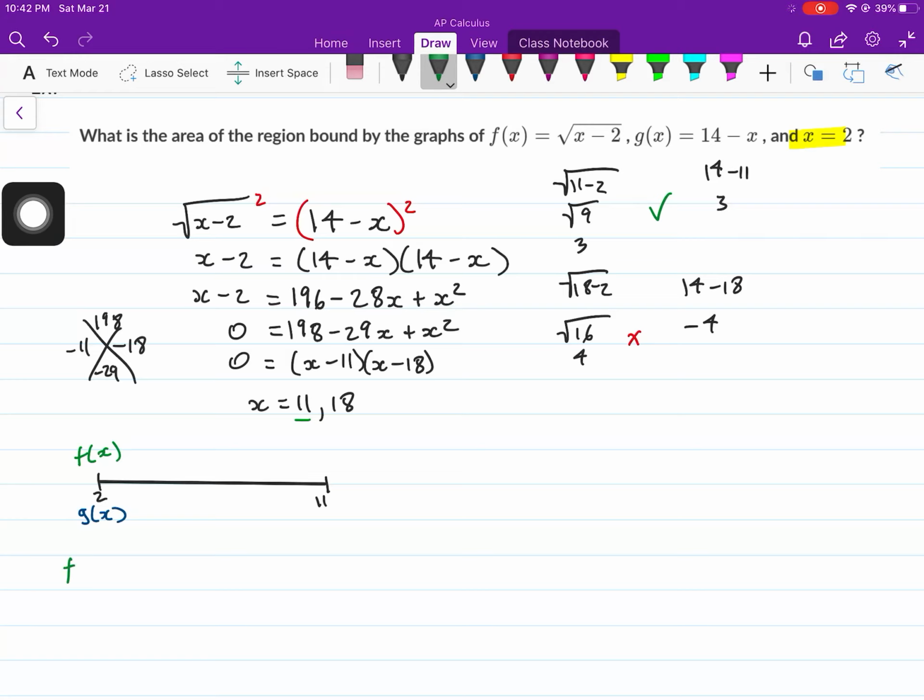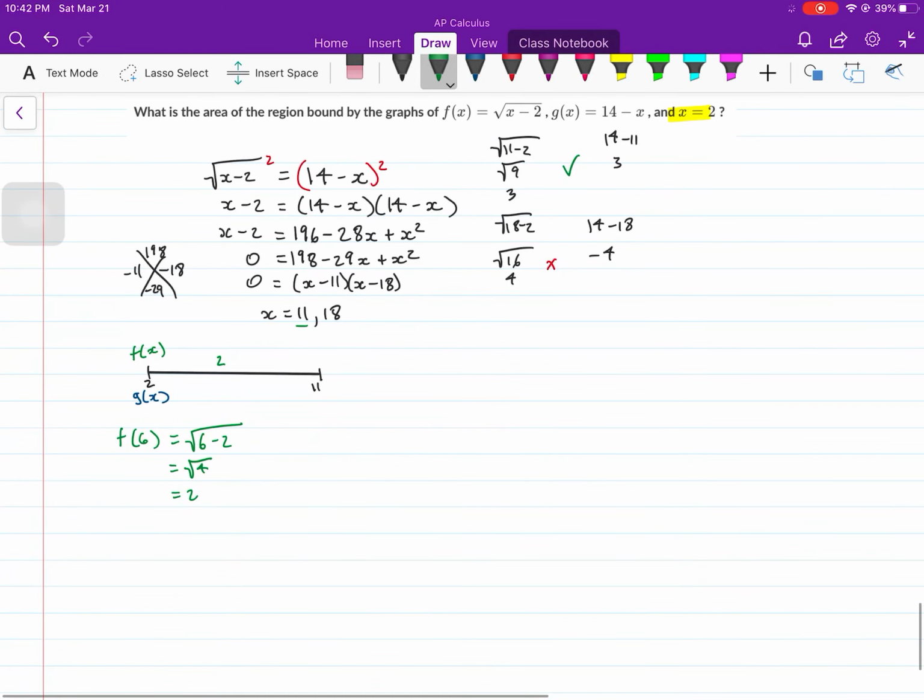You could pick technically any number between 2 and 11, but I'm going to pick this one because it's going to work out easily. So square root of 6 minus 2 is the square root of 4, which is 2. And then for g of x, we'll do g of 6, which will be 14 minus 6, getting us 8. So g of x is going to be our top function in this one.